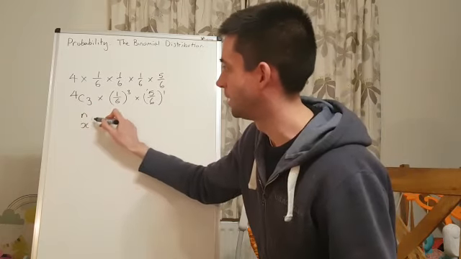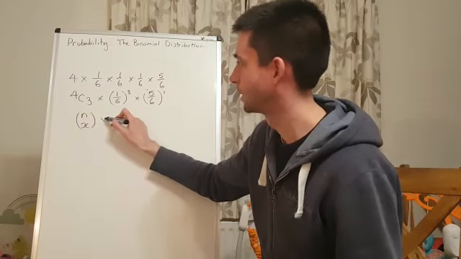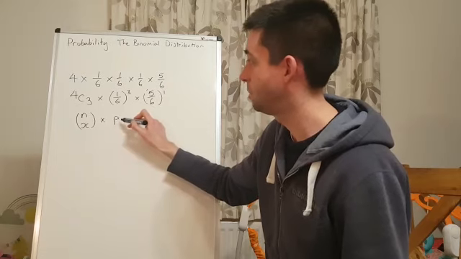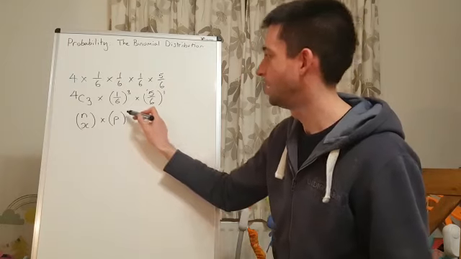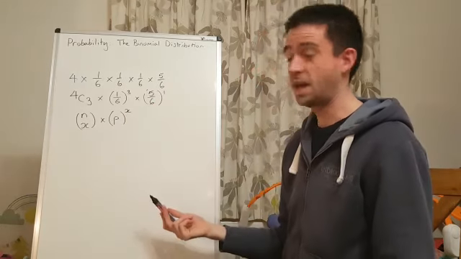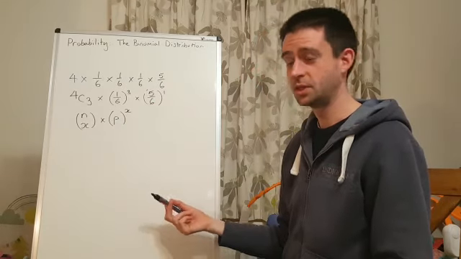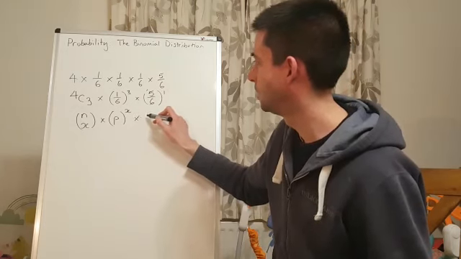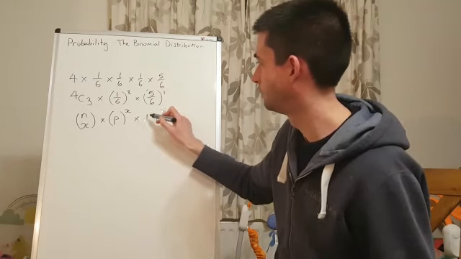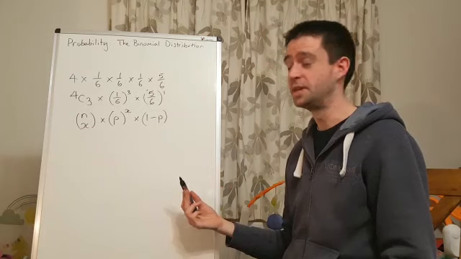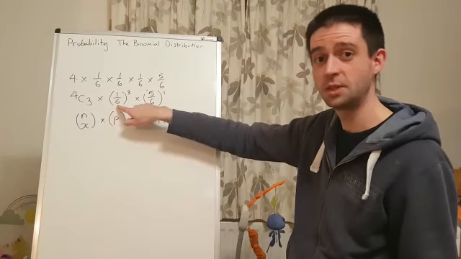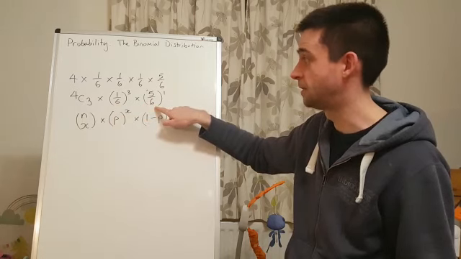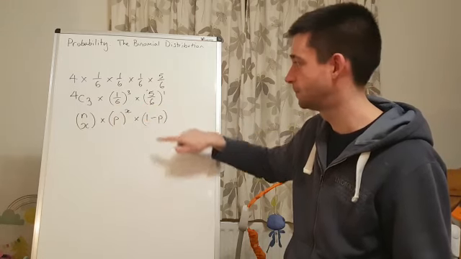3x, we're going to call our number of successes, times by p, where p is our probability of success, to the power of x, which is the number of times that we succeeded, multiplied by 1 minus p. Now that's the probability of failure, and you can see how that's played out here, because our probability of success was 1/6, and our probability of failure therefore is 5/6.